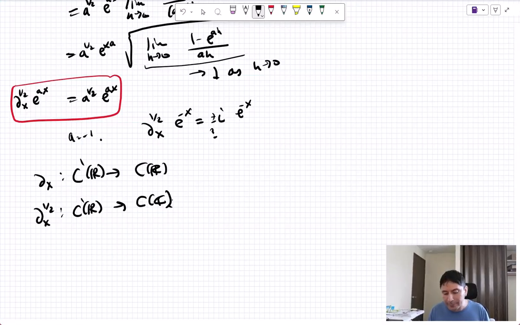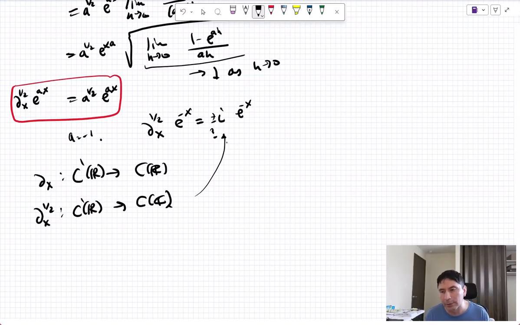So because of this example right here, it's not clear what the range is for the fractional derivative operator. That's going to be addressed in the next slides. What we're going to find out is that if we do this trick where we extend the scalars from real numbers to 2 by 2 matrices, then this fractional derivative operator will become well-defined.